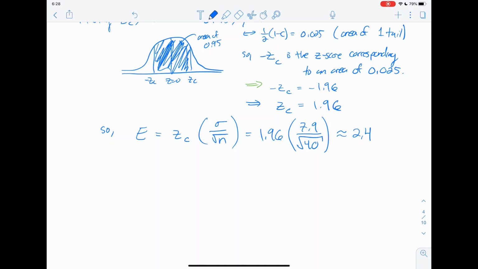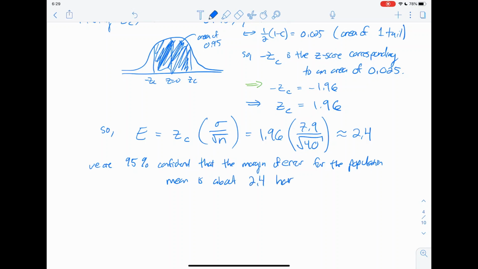So the interpretation, if we had to write this in words, is the following. Since the confidence level was 95%, we are 95% confident that the margin of error for the population mean is about 2.4 hours.